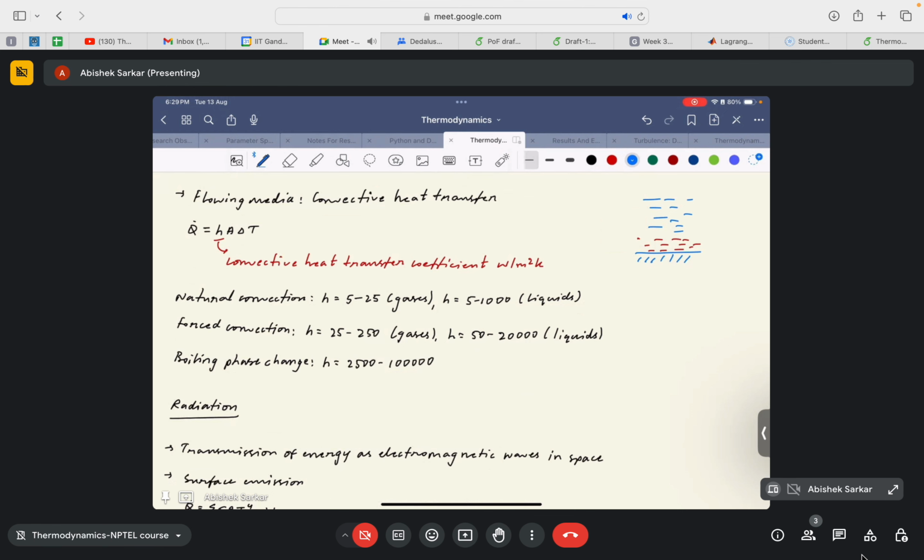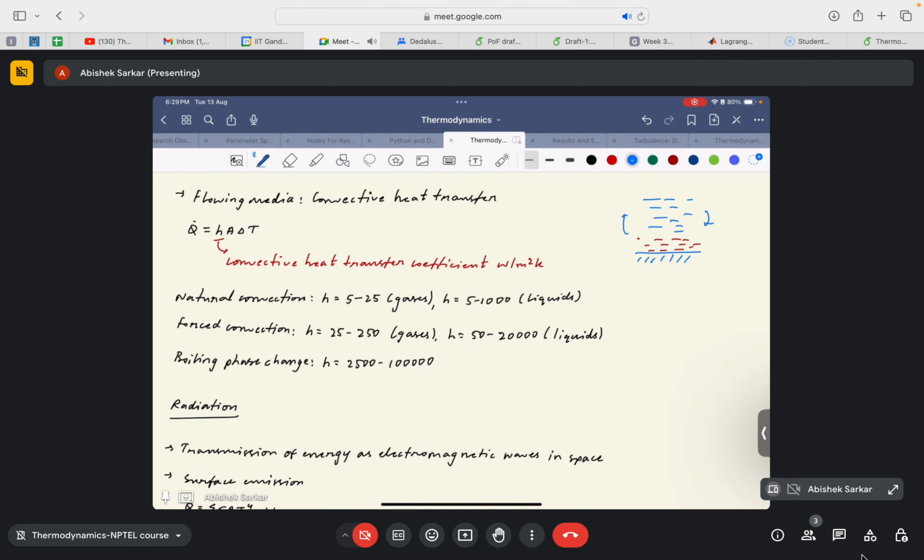Now, because of this difference in temperature, the density of the air will also change, and because of this difference in the densities of the air molecules at different heights, there will be a certain motion of air that will try to move the lighter air up and the heavier air down, right?